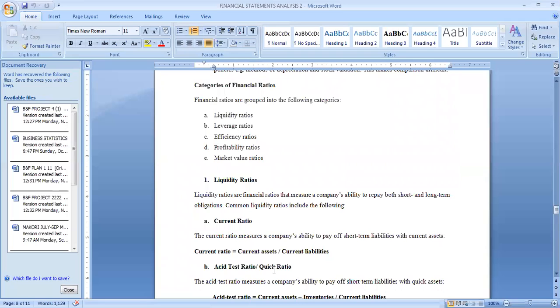I want you to have a look at the November 2019 paper, section B, question 3.